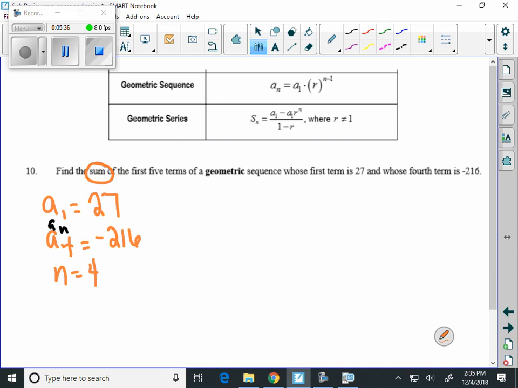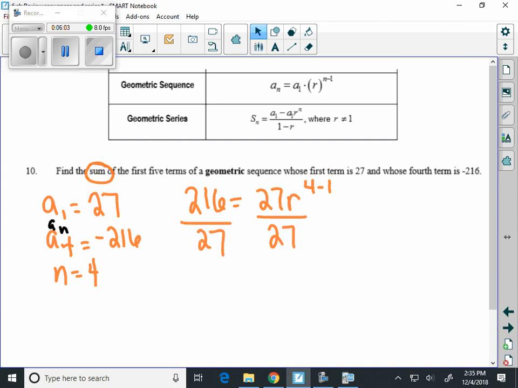first place. So we're going to use our first formula here on the page, and that's going to be 216, a sub n equals a sub 1 times r to the 4 minus 1. And we saw something similar on our last problem. We need to divide both sides by 27.